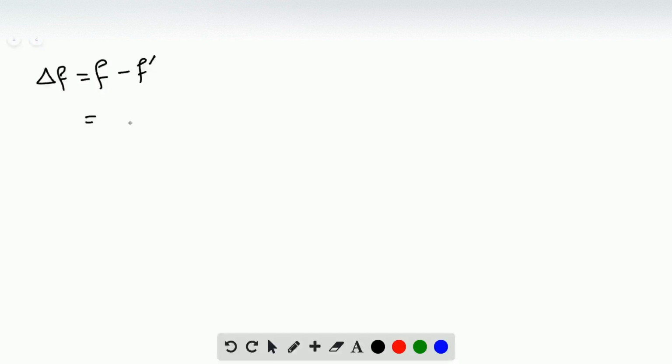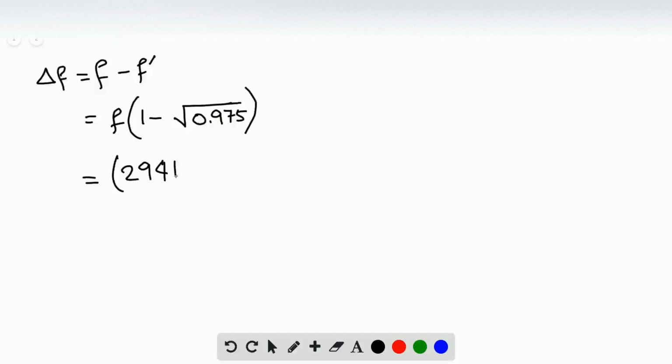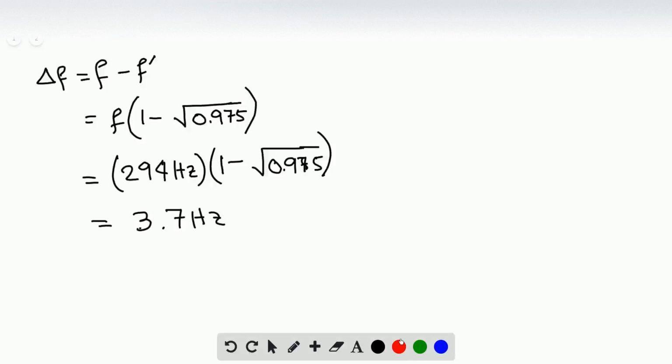That's going to be f times 1 minus the square root of 0.975, and if we solve for it, we know f, which is 294 hertz. That will give us our beat frequency, which is 3.7 hertz.